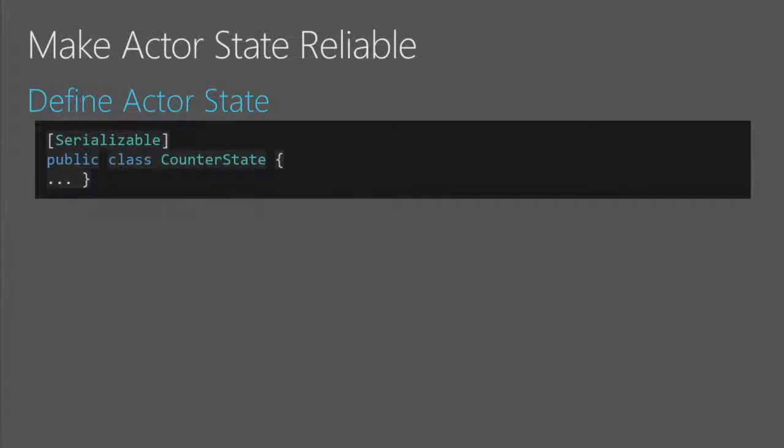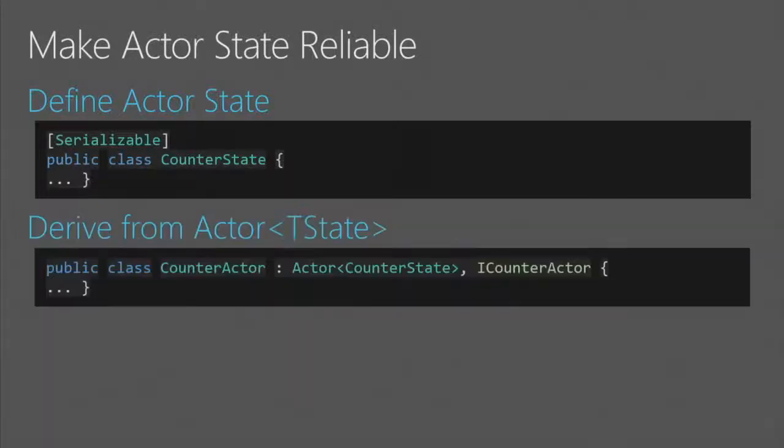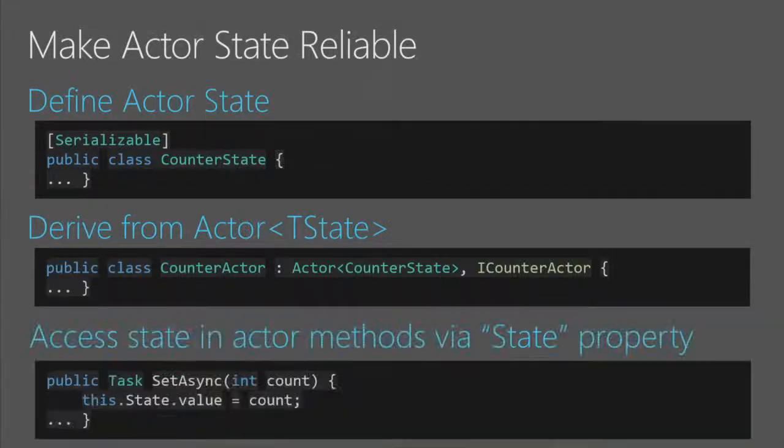So you define an actor state which is either binary serializable or data contract serializable. Then, rather than deriving from Actor, you derive from Actor of T state. This will give you a state property that you can use in your methods.